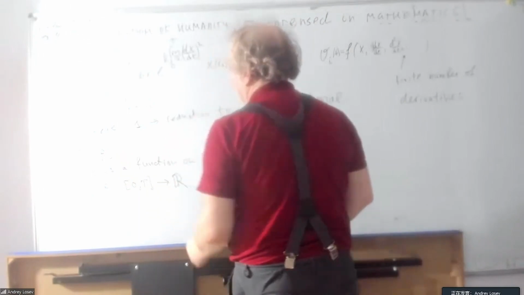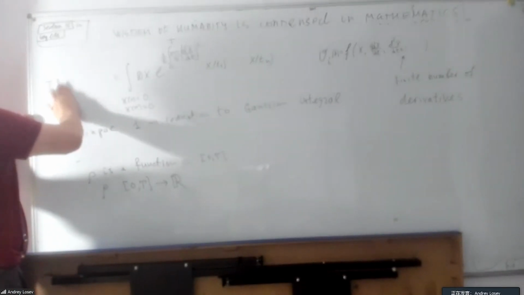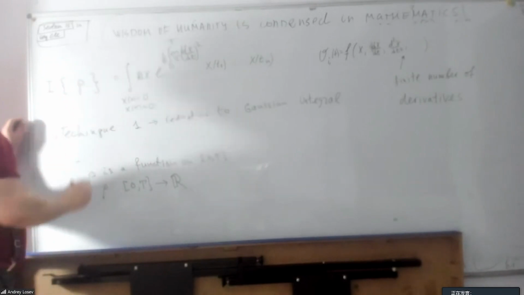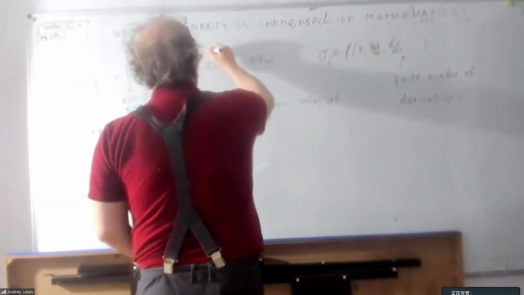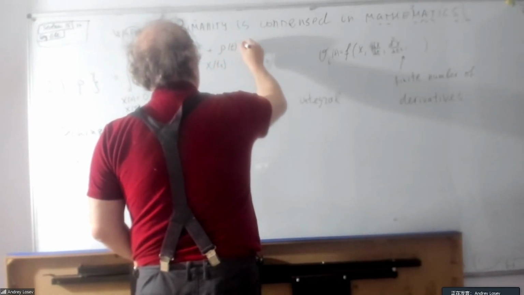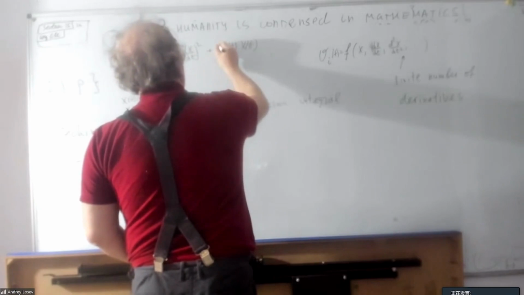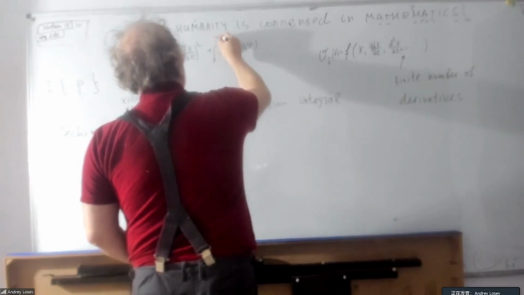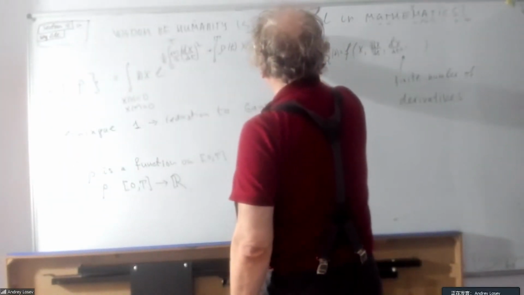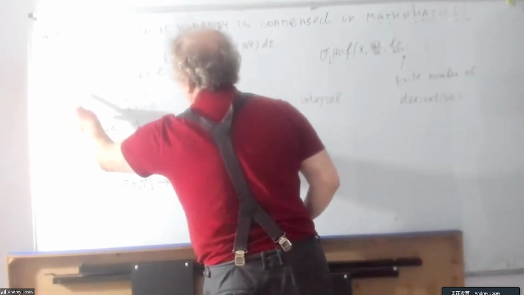Then I'd like to do the following. I write it as I depending on rho. And here I put rho of t, x of t, and I integrate over dt. So this I is a functional.